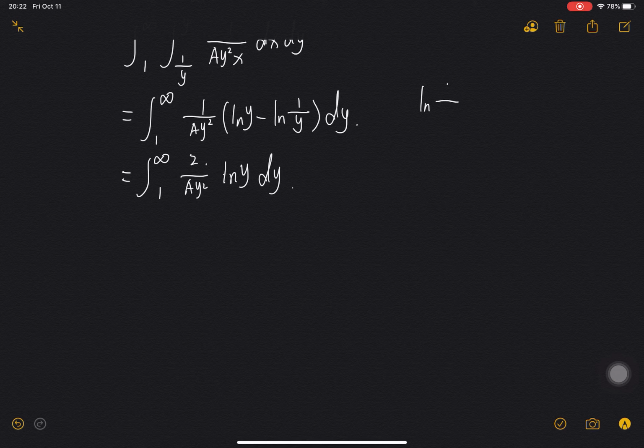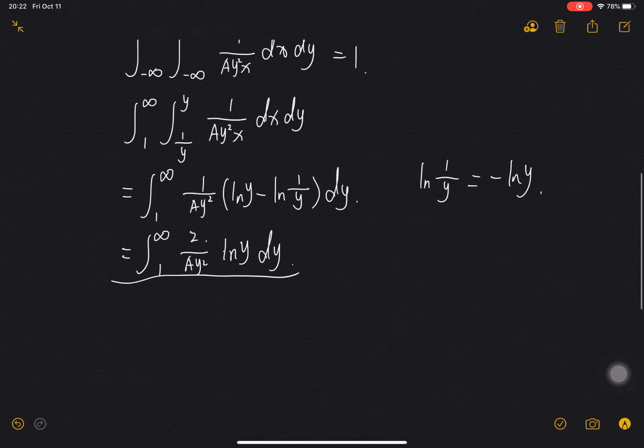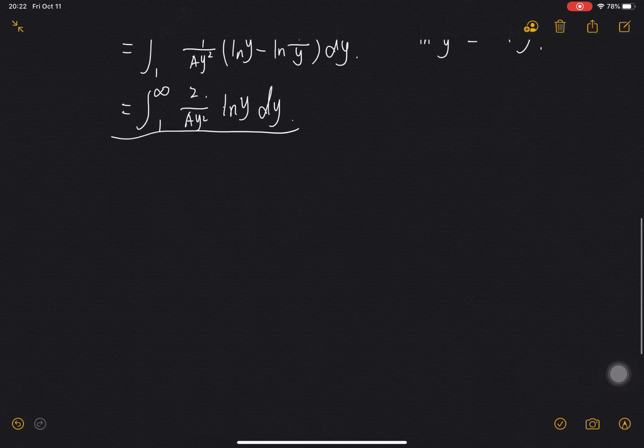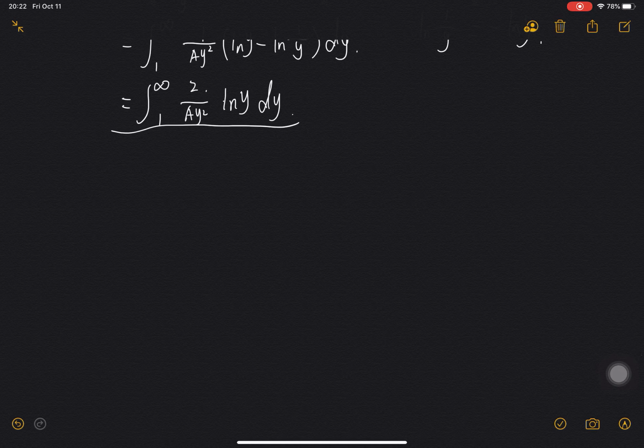Because ln 1 over y equals minus ln y, right? So we can have this as the part of the result. But this is not easy to do the integral, so let's do some transformation.